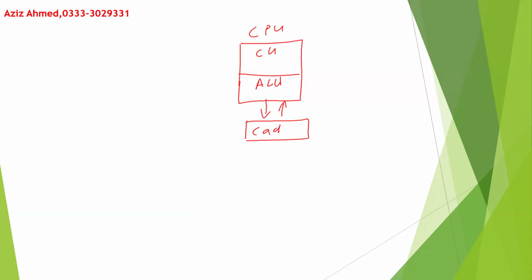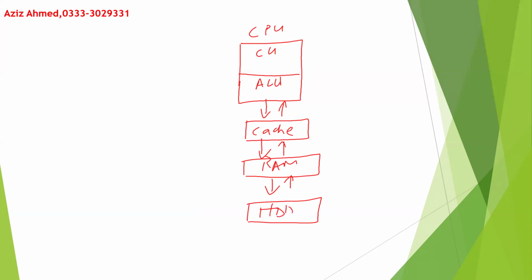Now this is cache. This is RAM. This is hard disk. All input devices are connected with RAM.